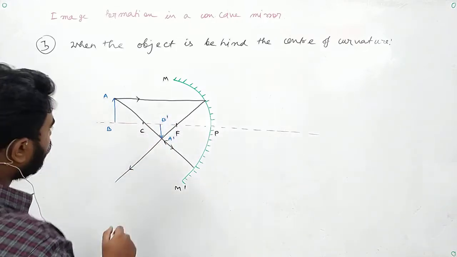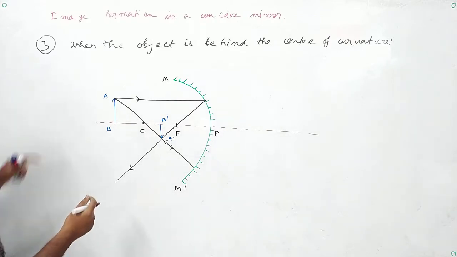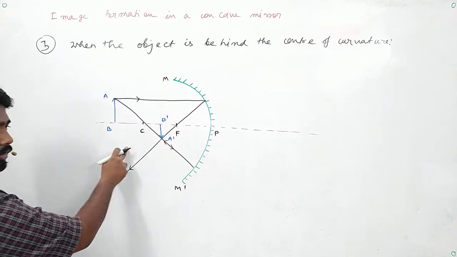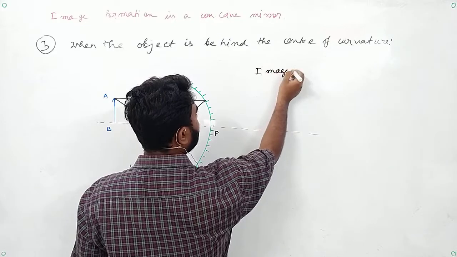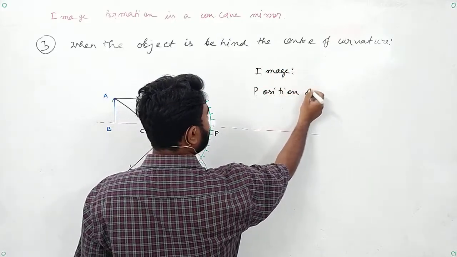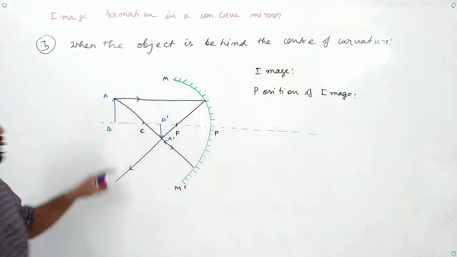Okay, so first we will see that the object is behind C, and we will see about the image. Okay, first the position of the image. Where is the image?